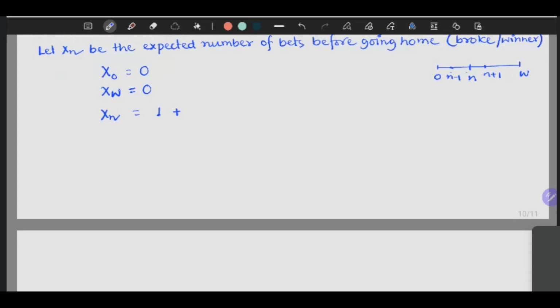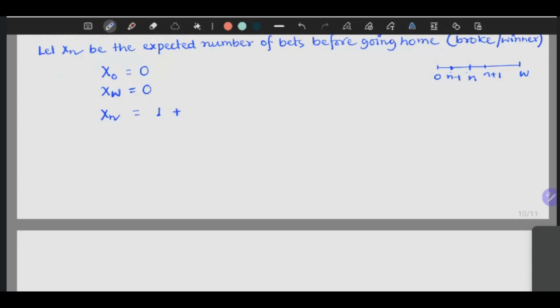Since you are at n, either you get the money or you lose the money.